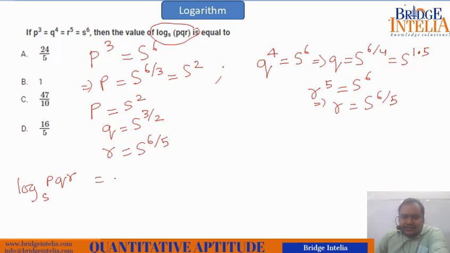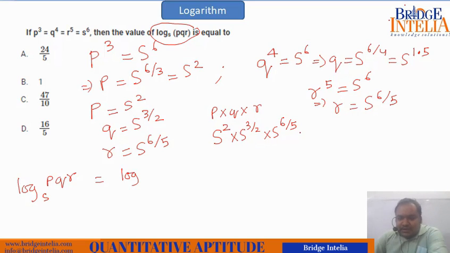So let's do that. Log of pqr. Now what is p into q into r equal to, in terms of s? It will be equal to s square into s to the power 3 by 2 into s to the power 6 by 5. That is equal to s to the power 2 plus 3 by 2 plus 6 by 5.